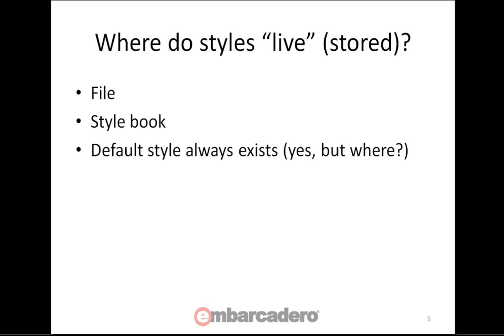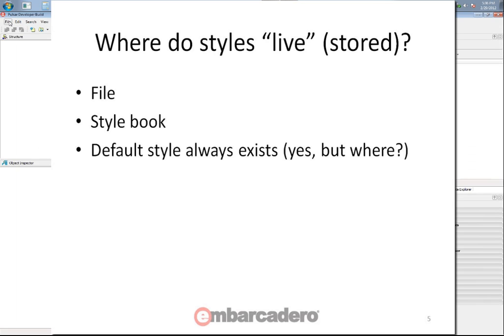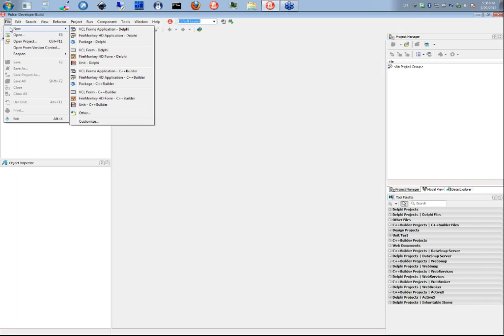So the main purpose of a style book is to change not all the style, but some particular look and feel for a group of or some components. But I'd better show you not to waste time.